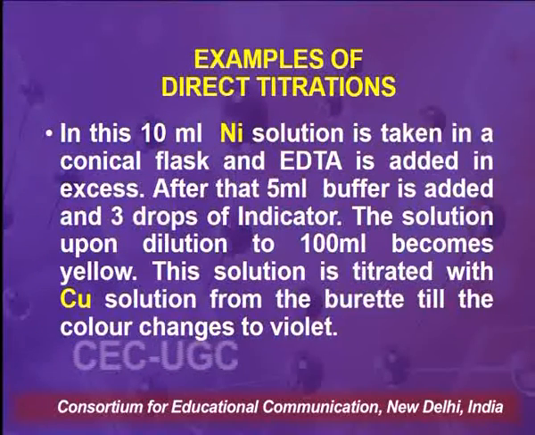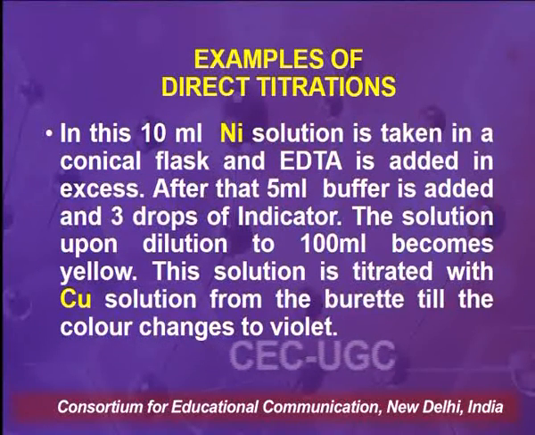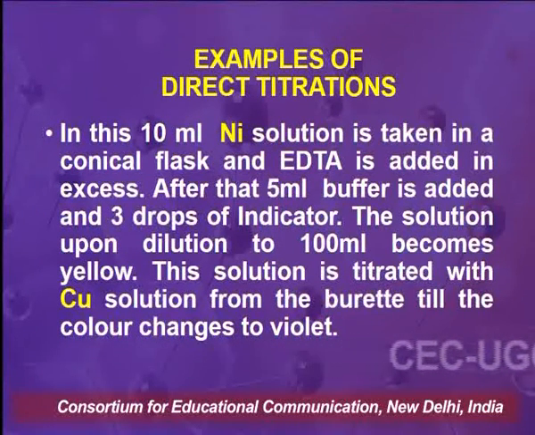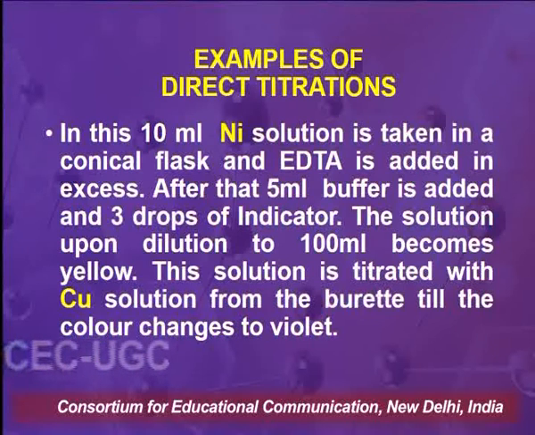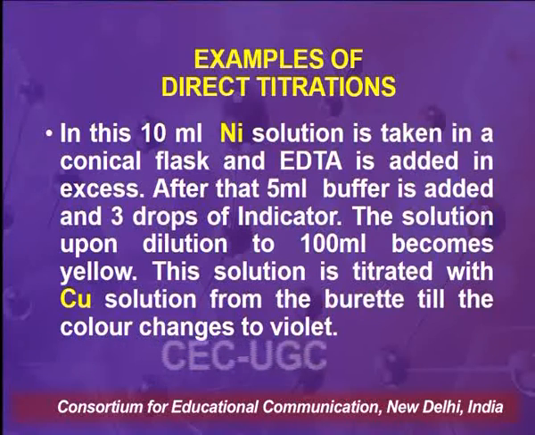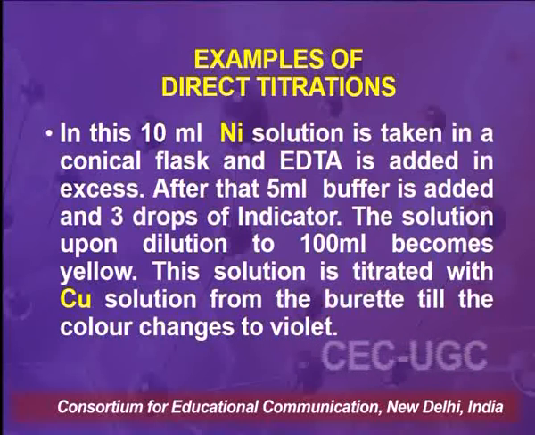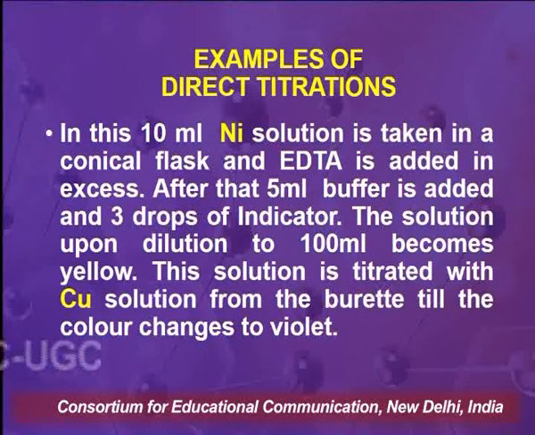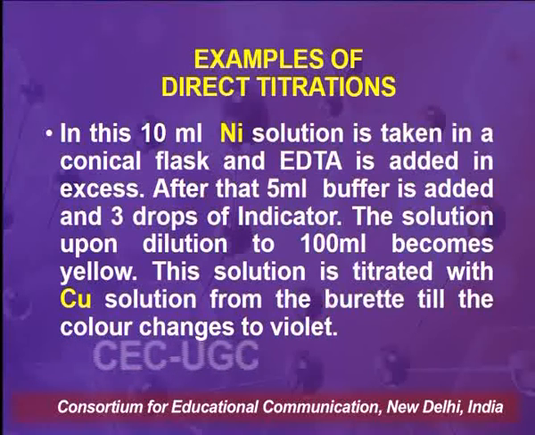In this procedure, 10 ml of nickel solution is taken in a conical flask and EDTA is added in excess. After that, 5 ml of buffer is added and 3 drops of the indicator, which is PAN. The solution upon dilution to 100 ml becomes yellow.